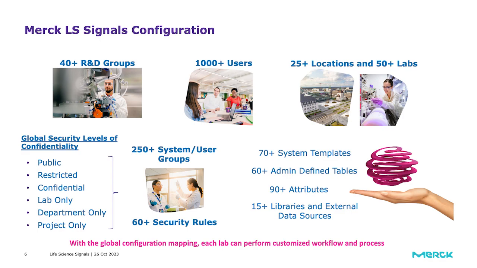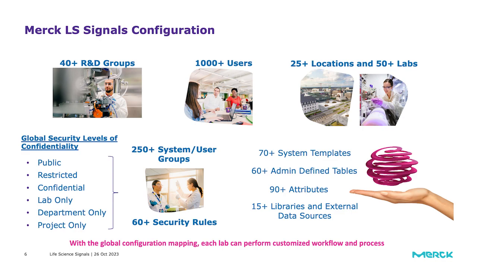The next level, a little bit more secure, is restricted. This allows users in the department to see and read each other's experiments but not modify or write. Only approved users in the department can write or modify the experiment.